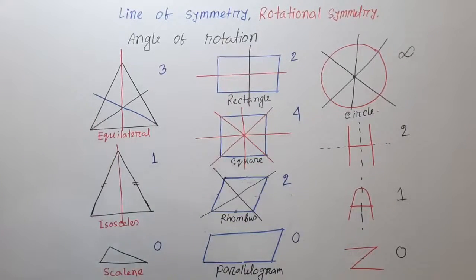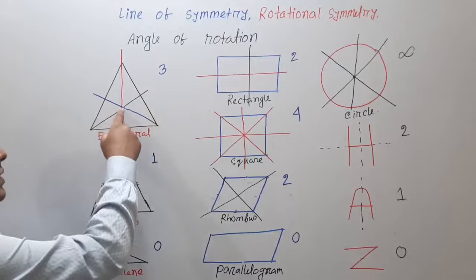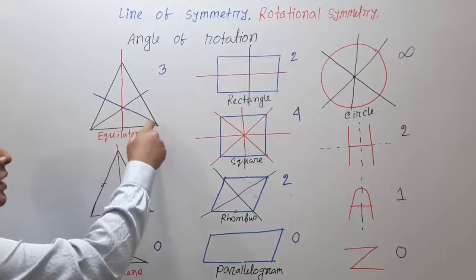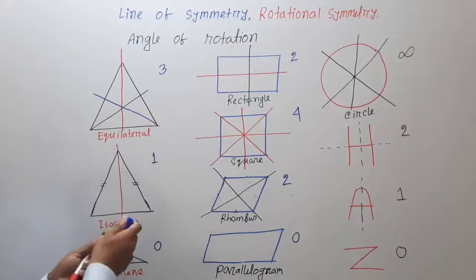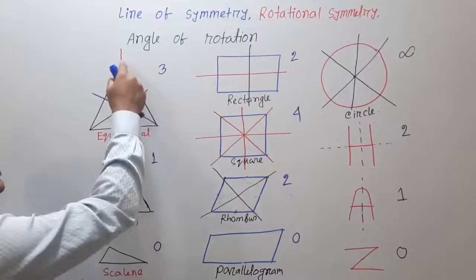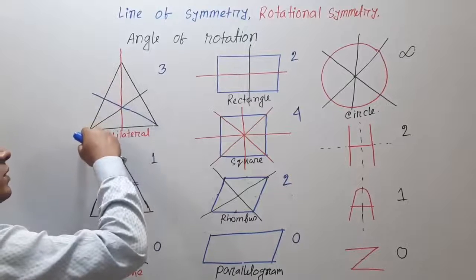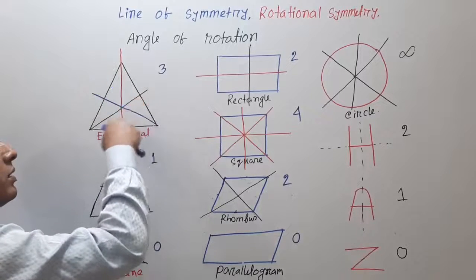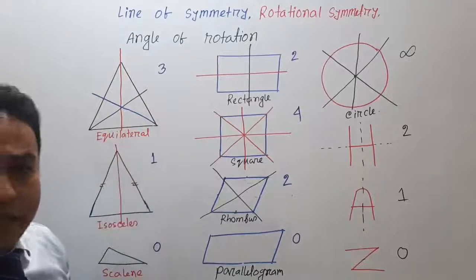Okay, think of an equilateral triangle. If you rotate it about a point, this point rotates to this point, and this point rotates to this point, then the original shape is not changed.